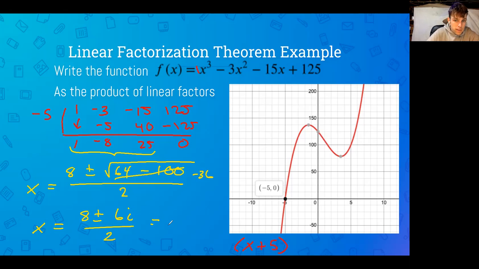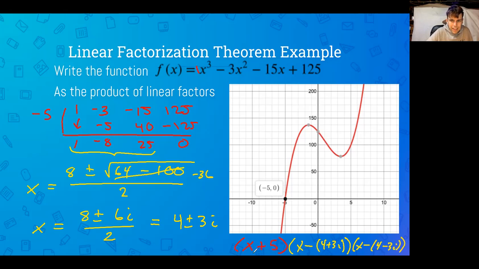Those are both divisible by 2. We're going to get 4 plus or minus 3i. So those are our remaining zeros, complex numbers, 4 plus 3i, 4 minus 3i. And we're going to write out the linear factors associated with that: x minus (4 plus 3i), and then x minus (4 minus 3i).